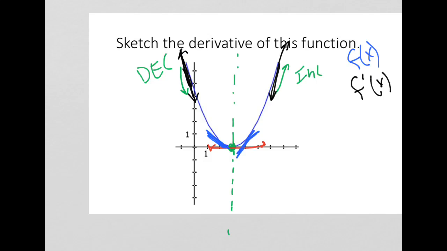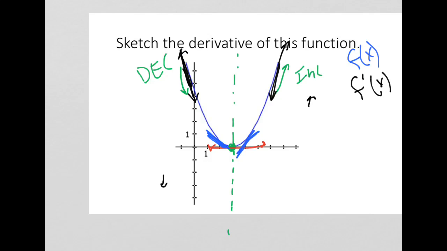So to the left of that dashed line, I am decreasing, which means my slope is negative. So I know that to the left of that line, I have to be in the negative world for y values. To the right of that line, I have a positive slope of those tangent lines, so I need to be positive. So I know I'm up there and down there.